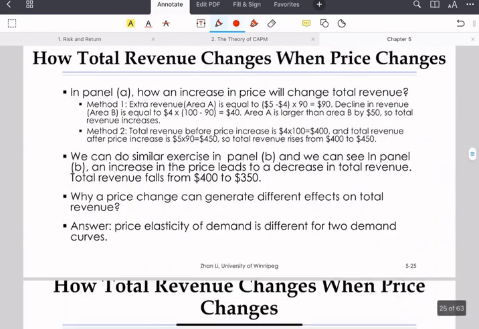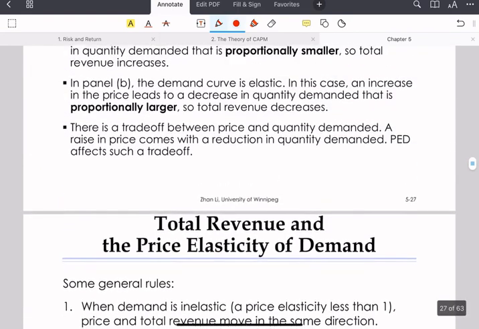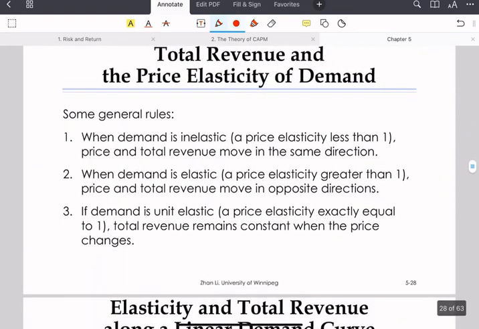So that's the basic result about how total revenue changes when you change your price. And this really depends on whether your demand curve is elastic or inelastic, right? So let me summarize here.